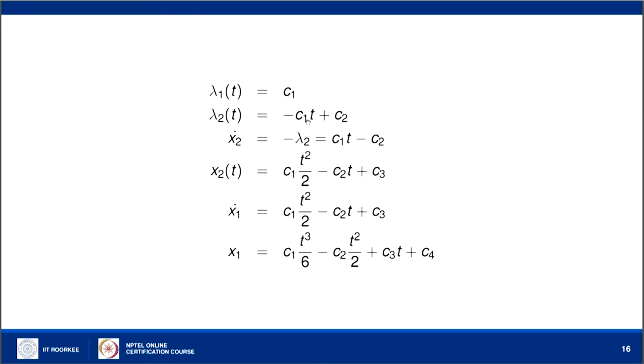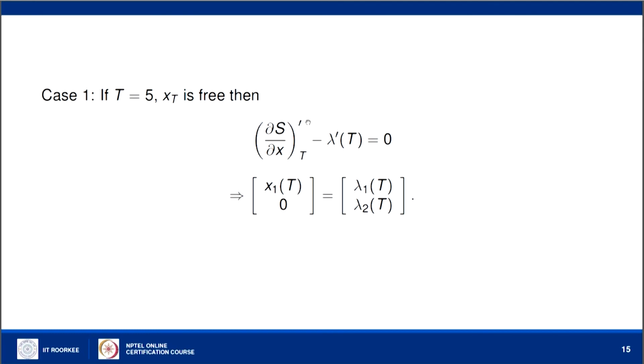So, here we have seen 2 examples in which the final time is a fixed value, where the variation of final time is 0, and made use of the boundary condition accordingly. But in the next lecture we will see various other cases.